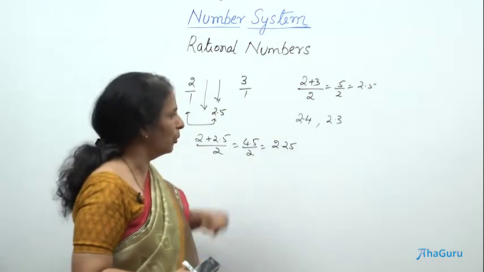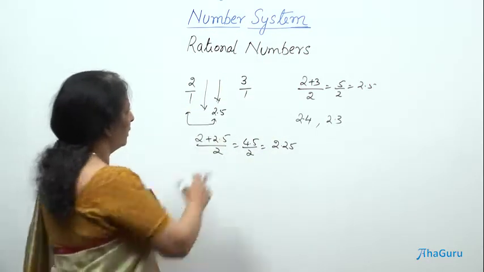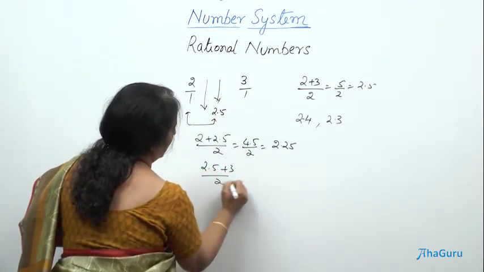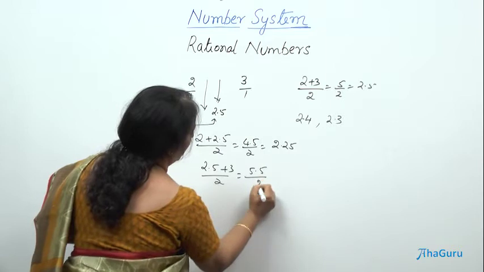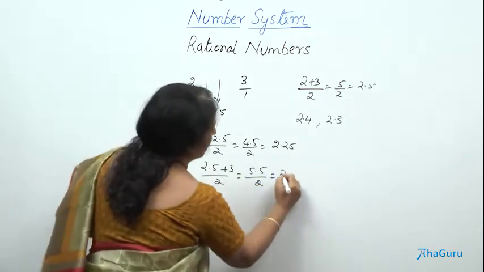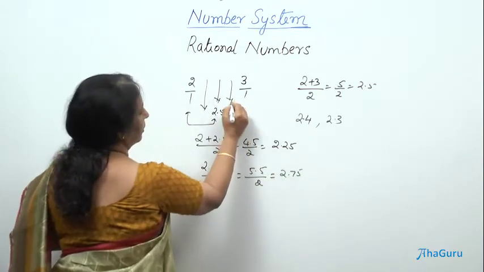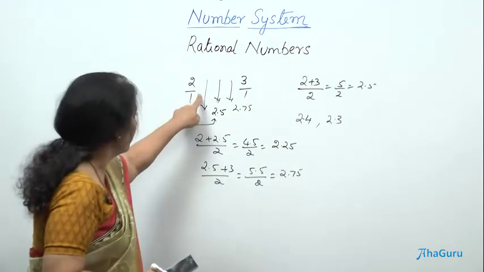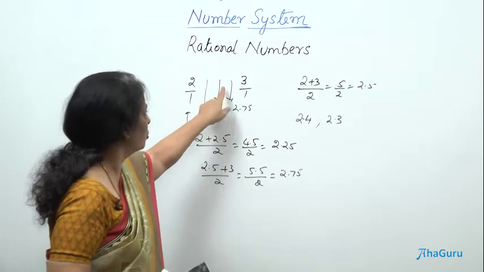So I have found one more. Similarly, between 2.5 and 3, dividing by 2, this is 5.5 by 2 and that will give me 2.75. And I can go on, and between these two I can find one, between these two I can find one.